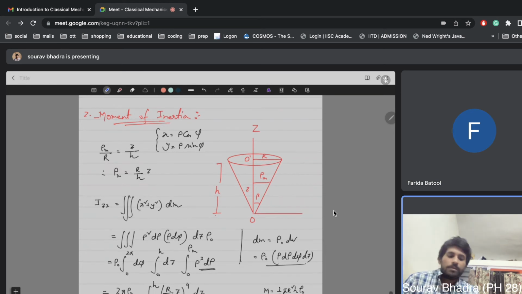Okay, now coming to the moment of inertia of a cone.